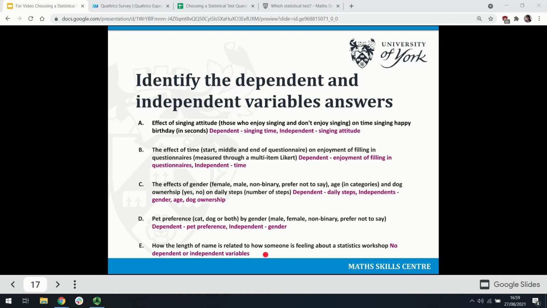And similarly, does the way that someone's feeling about a stats workshop affect the length of their name? Again, it doesn't really make sense to say either of those. Although you could argue against it. So what we're saying here is that there's no dependent or independent variables. And that's going to really help us choose our stats test at the end.